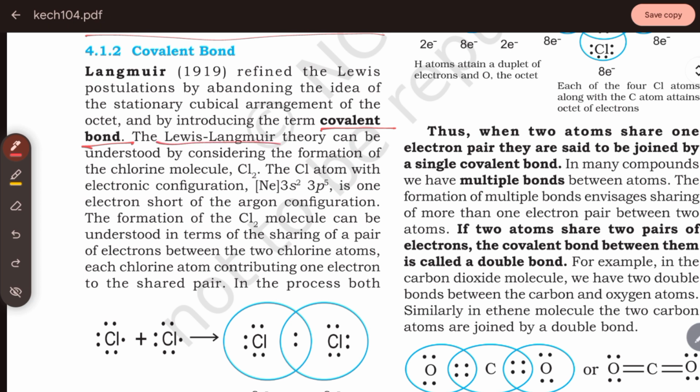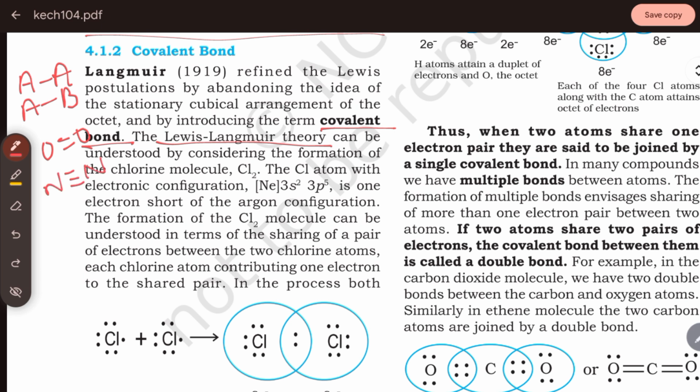So according to the Lewis-Langmuir theory, by sharing of electrons in a covalent bond, we can obtain homoatomic molecules, or we can obtain heteroatomic molecules as well. Even molecules having multiple bonds like O2 or N2.